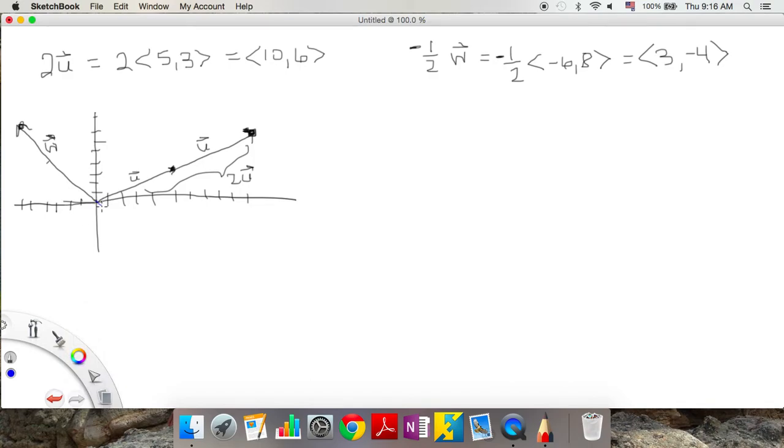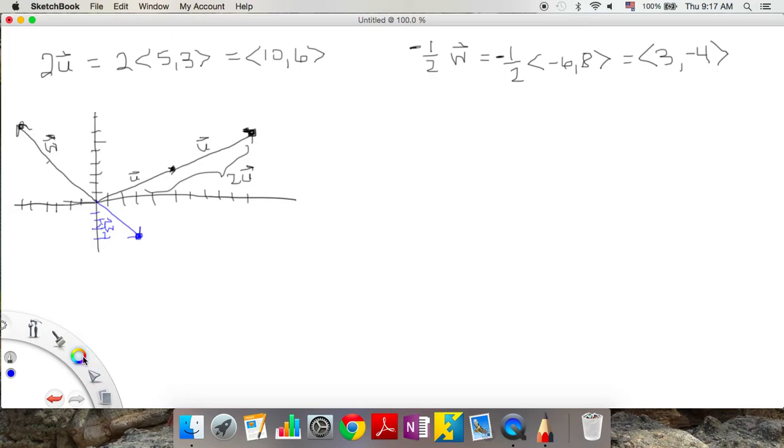So we're flipping it straight this way and making it half the length. So half the length is at 3, negative 4, and we flipped it 180 degrees. That's what that negative sign does. And there's our negative 1/2 w. So the negative flips it over, and the half changes how long it is.